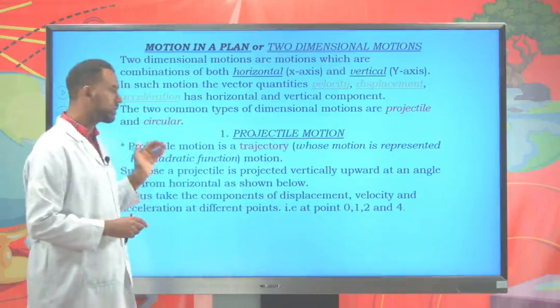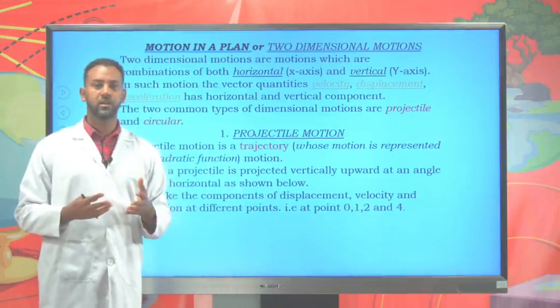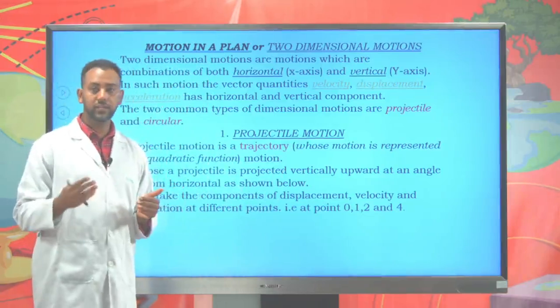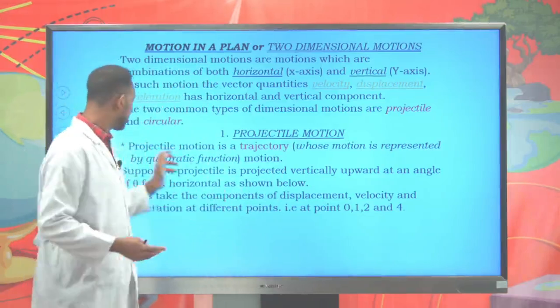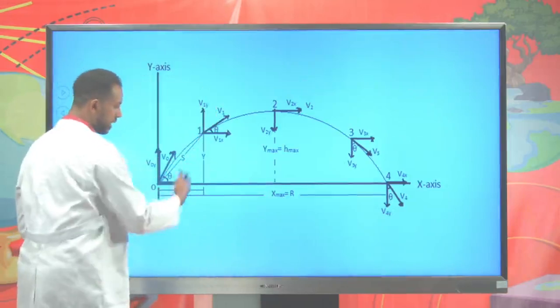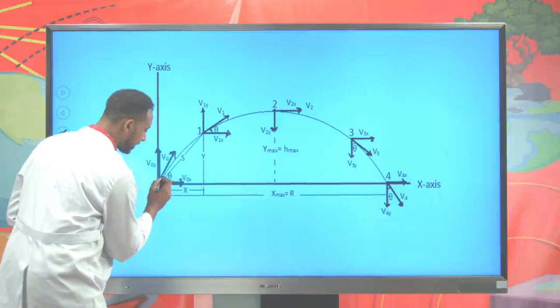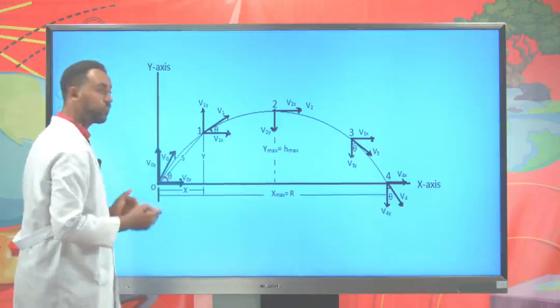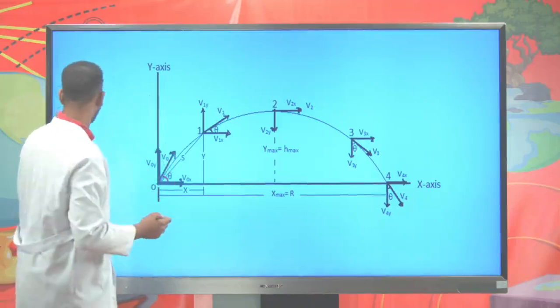Projectile motion. Suppose you project a given particle or object at an angle of theta from the horizontal. Suppose you are throwing something upward at an angle of theta, projecting it with an initial velocity v0.